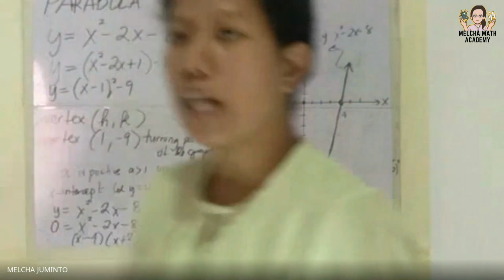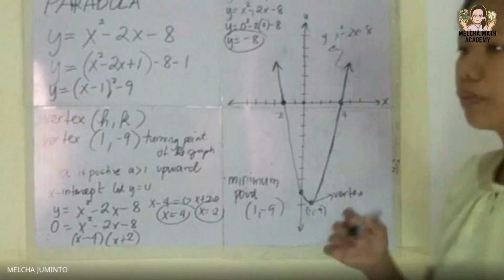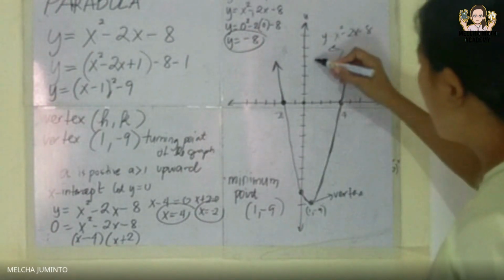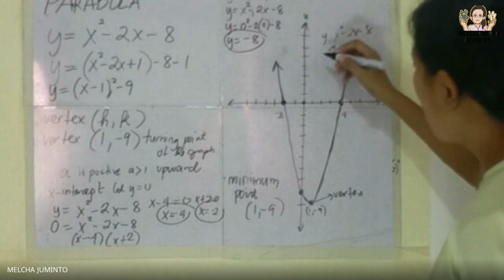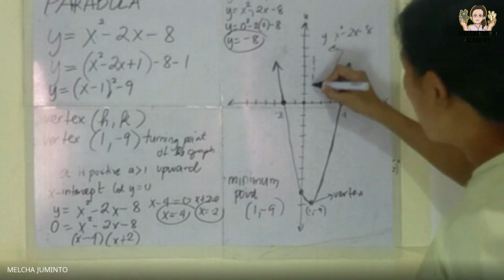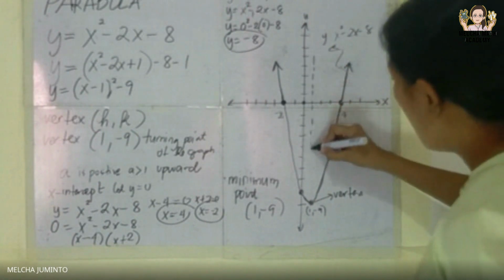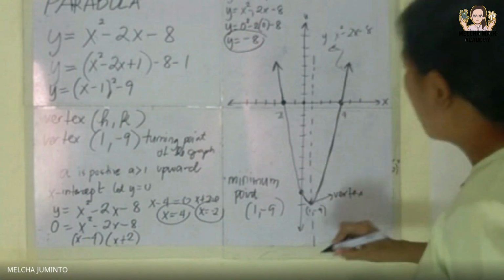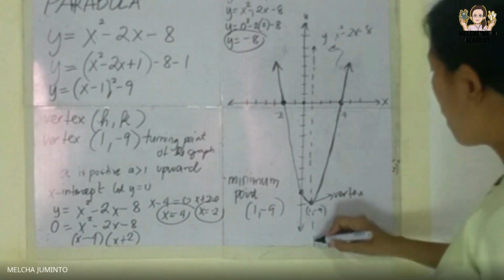Another term is axis of symmetry. The axis of symmetry is a line that will divide the graph symmetrically. If I draw a line here, that is the axis of symmetry.